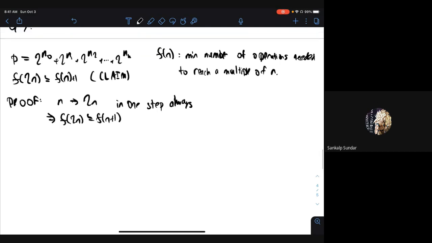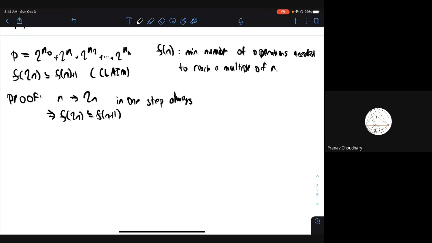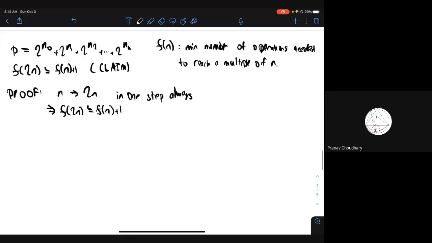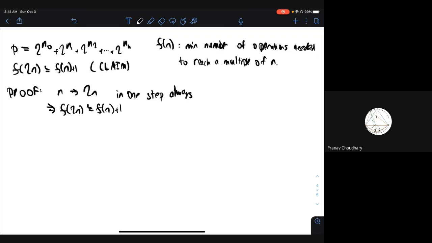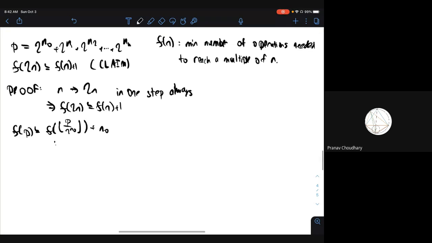Now in particular, if we write p in binary, just keep dividing by 2. My bad, this is also a typo, sorry. So explicitly speaking with p, we have f of p is less than or equal to f of p minus 1 or p over 2, and then just keep going down.